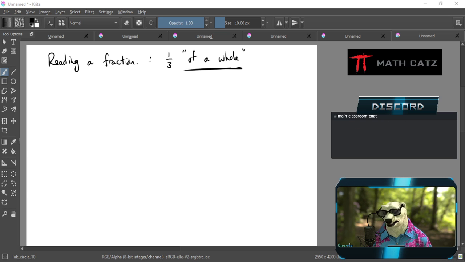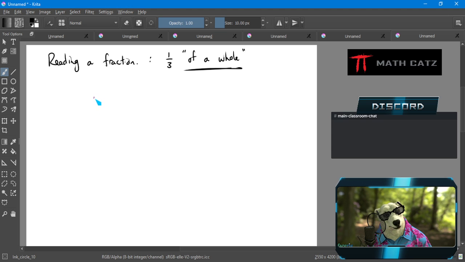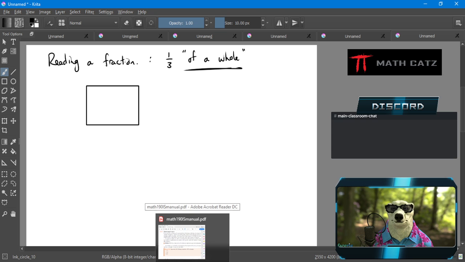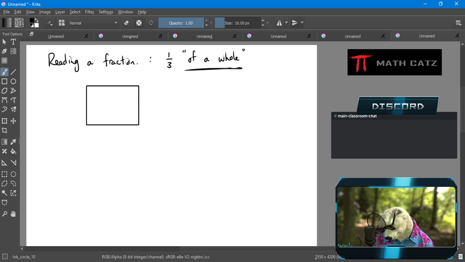Yeah, so fraction. Now I could represent that in any way I want. I choose a rectangle for the consistency of drawing it. The numerator and denominator then tell me something about the portion that I want.